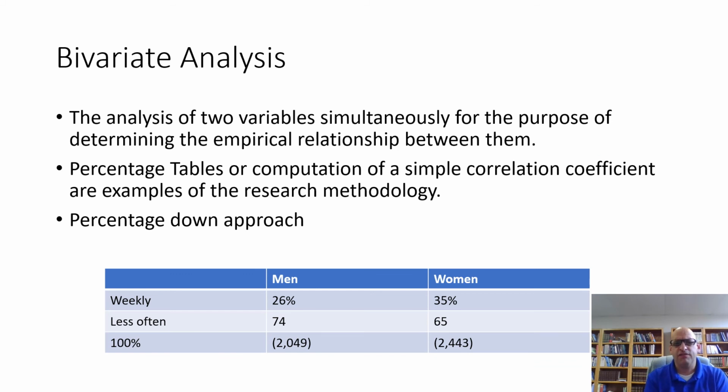There's the bivariate rate analysis, and again, we're looking at two variables here by the word bi, and we're simultaneously looking for the purpose of determining the empirical relationship that exists between them. Again, we're looking at the two side by side, and we might look at it from a percentage table format. So again, let's take the gender quality of men and women, and how are they looking in terms of percentage between the two.